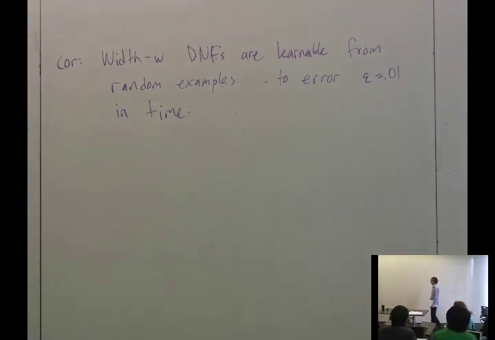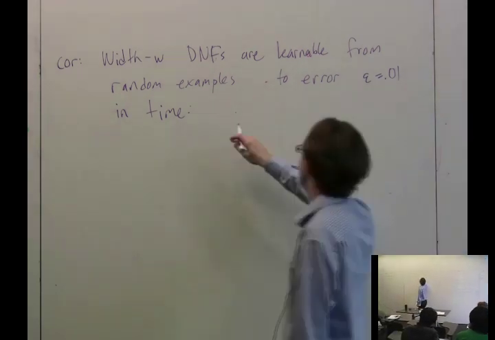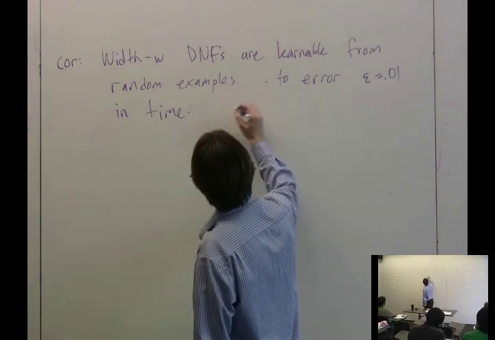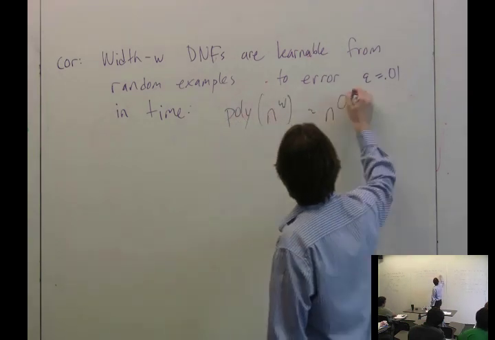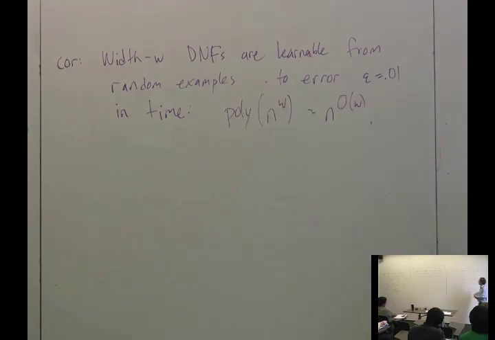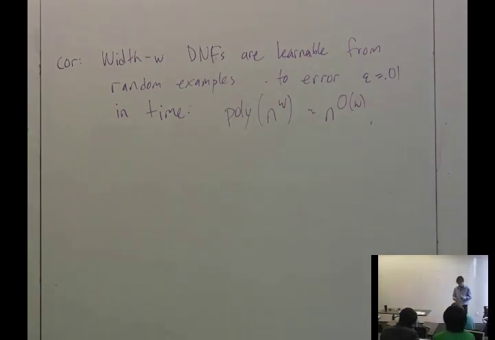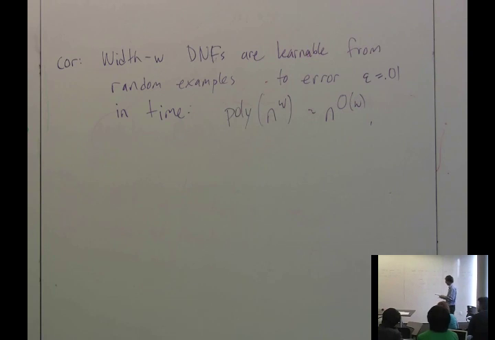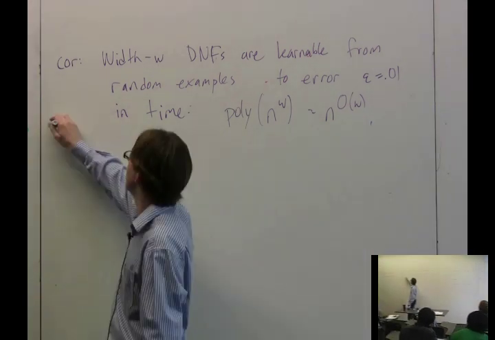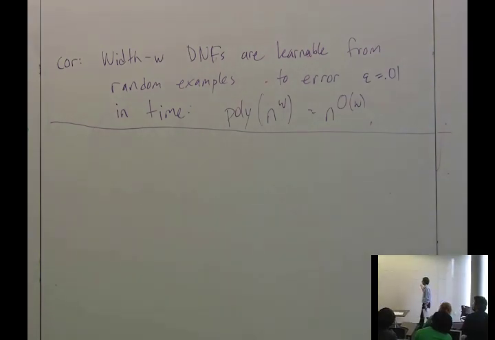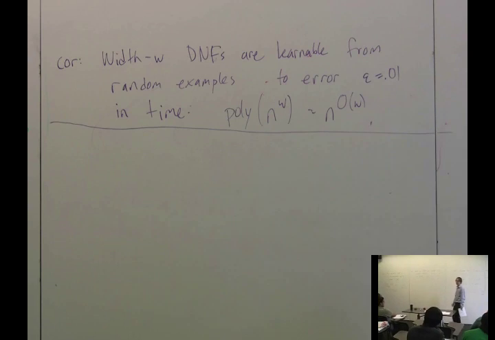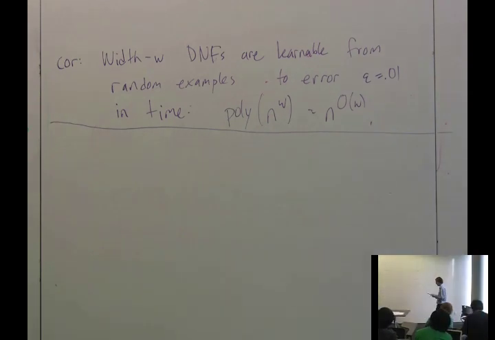So we can fix all these epsilons to 0.01, and this will be polynomial in n to the W. So that's a medium-good learning result. I'll come back to how good that is in a second. But if you think of the popular setting I mentioned, maybe W is like log n, this is quasi-polynomial time.